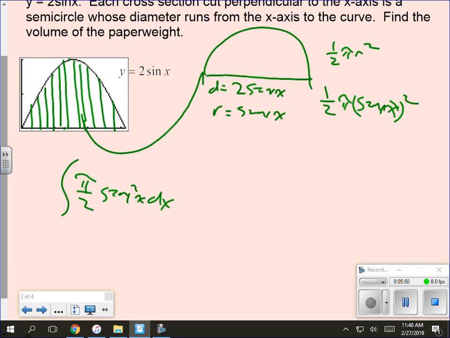Now I've got to figure out my bounds. Where is 2 sine x equal to 0? It's 0 at 0, because the sine of 0 is 0. And the next place where it happens is at pi. So it goes from 0 to pi, because those are the points of intersection.